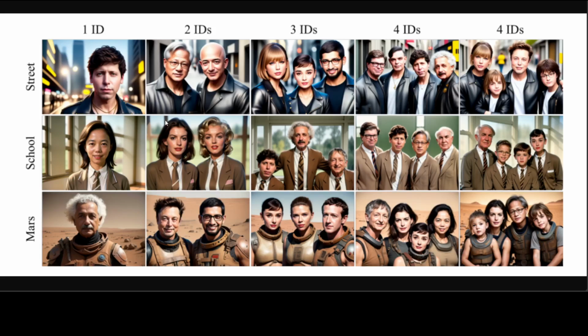And then look at this example. Again, this is a generation result from 1 ID to 4 IDs. Each row is the result generated for a different number of input IDs and text prompt conditions such as Mars, school, and street. So this InstantFamily is a significant advancement in the field of multi-ID personalized text to image generation.